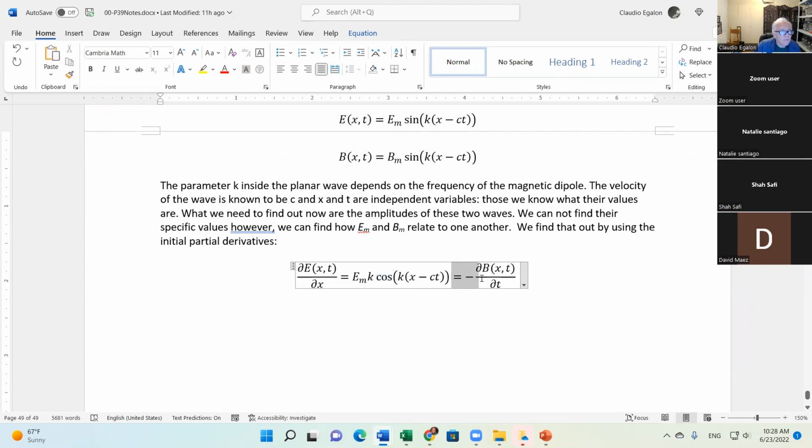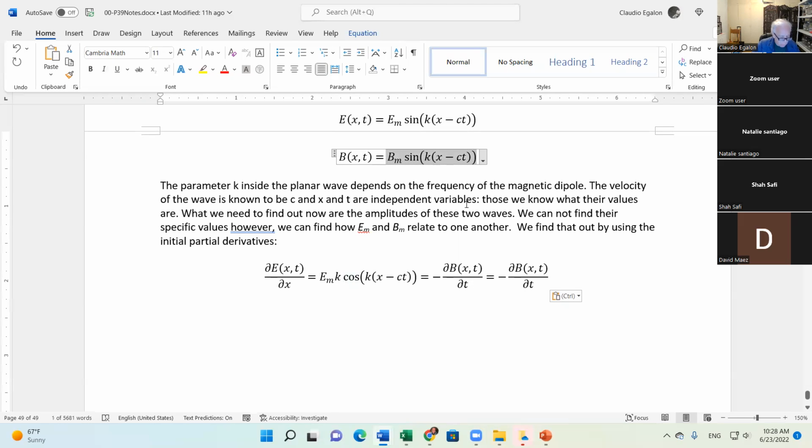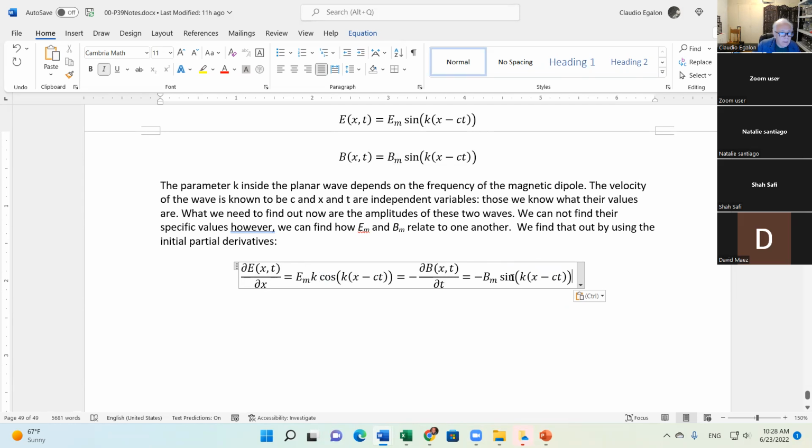And then we do this for this one as well. Okay, dB/dt is going to be what? It is going to be cosine, minus kc, right?